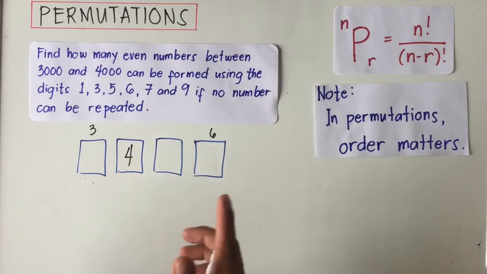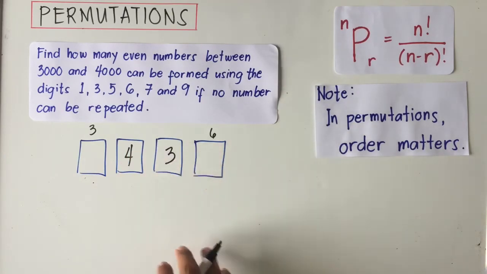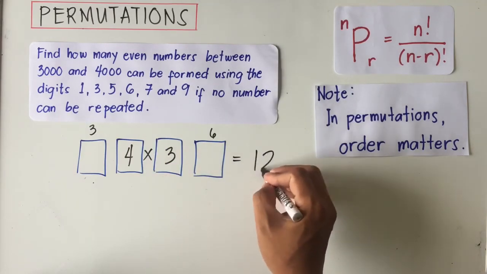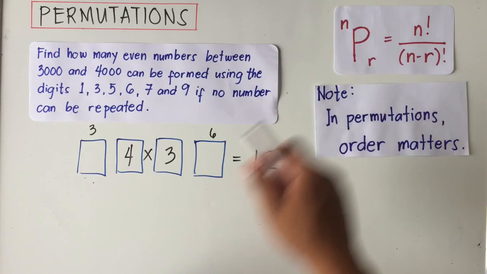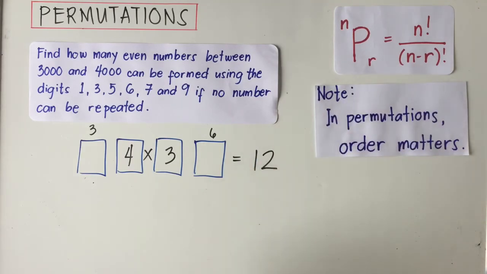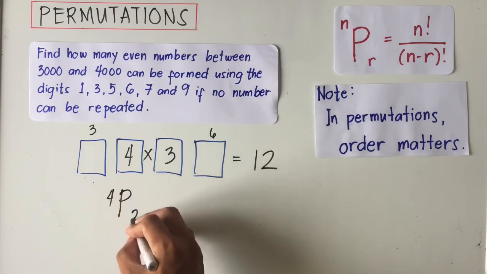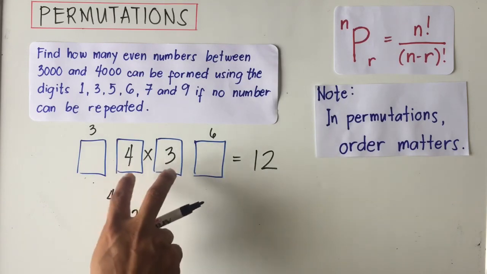Next is 3. So if I multiply that, I will get 12. Is there another way? You use the formula. Since I have 4 choices, I'll have 4P2. Why 2? Because there are only 2 boxes left.